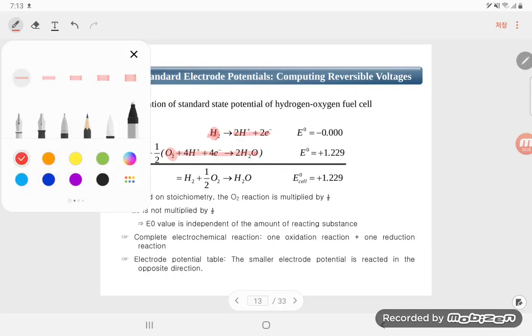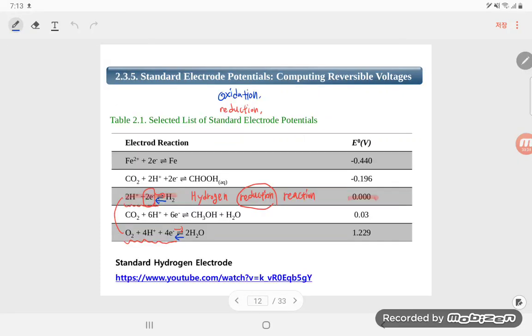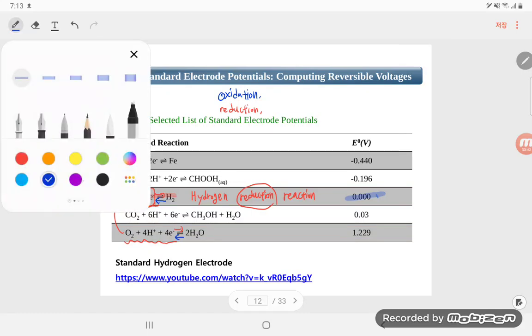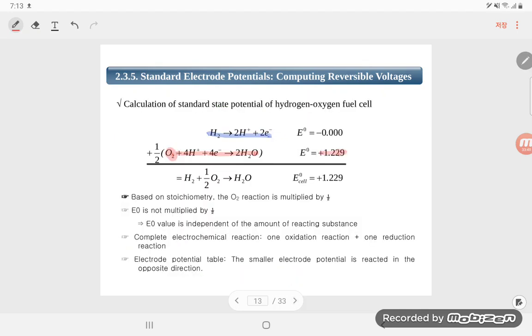Oxygen reduction reaction happens, and then we have the electrode potential in here. In here the hydrogen oxidation reaction is 0, and the oxygen reduction reaction is 1.229, right? 1.229.